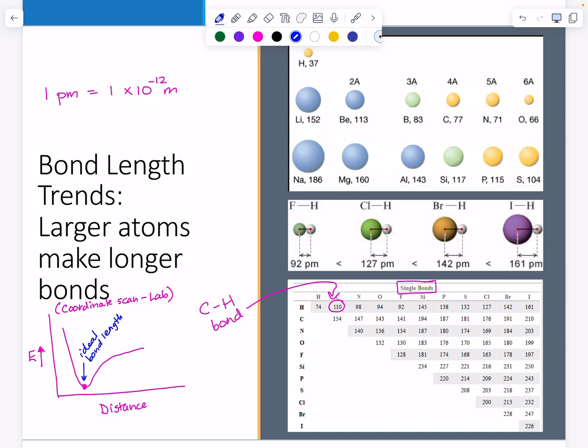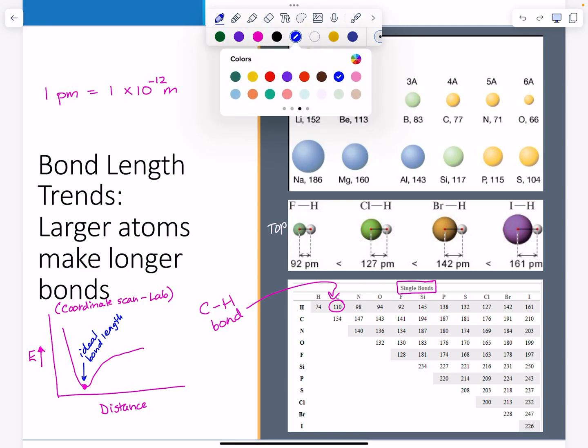So again, if your hydrogen is attached to different halogens, in this example, going from left to right is going from top to bottom in the periodic table.